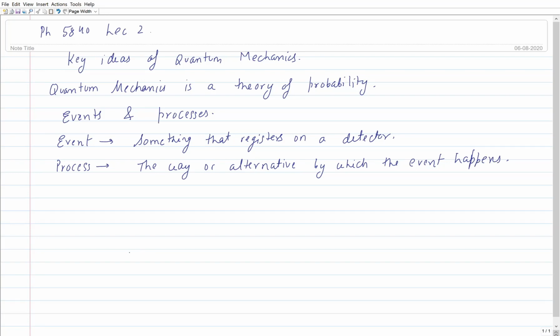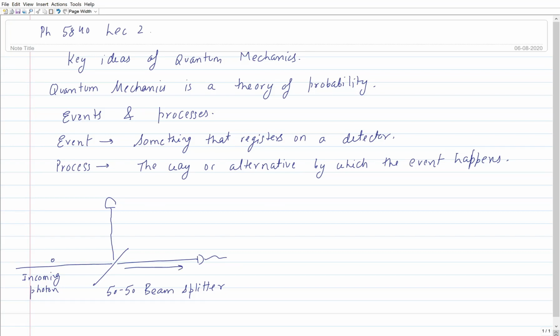So for example, let's say I have a 50-50 beam splitter, and I have an incoming photon. A 50-50 beam splitter, half of the times will just transmit the photon and half of the times it's just going to reflect the photon.